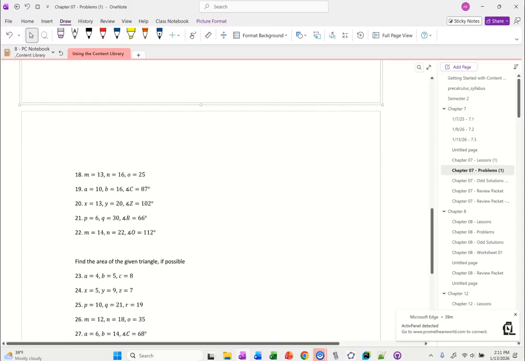So 15 to 22 is just solve the triangle, and they're all mixed up. All 5 different possible starting conditions are mixed up in there. So you have angle, angle, side; angle, side, angle; side, angle, side; side, side, side; side, side, angle, all mixed up. That's what it will be like on the test. I won't tell you which case you're in. I'm just going to give you the starting information and ask you to solve the triangle.